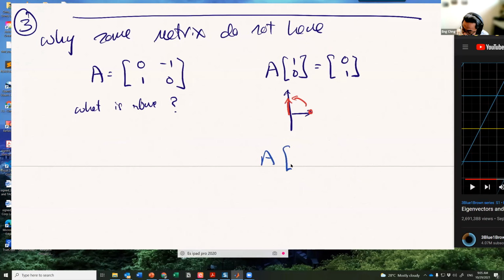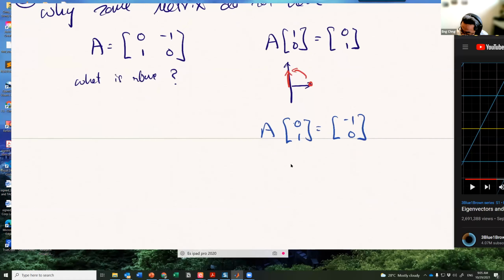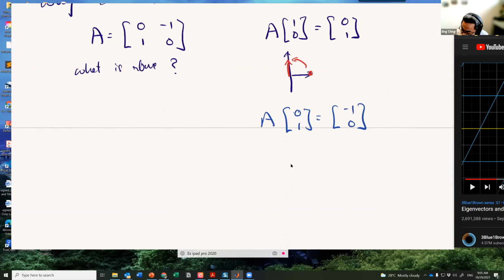A times 0, 1, I will get minus 1, 0. So I'm moving from this point to this point. So I am performing a rotation anti-clockwise by 90 degrees for all my points.